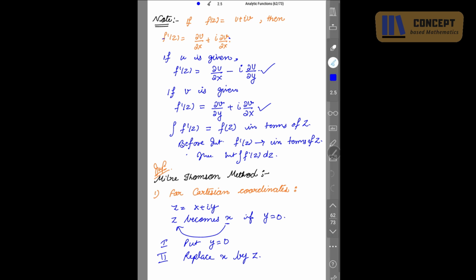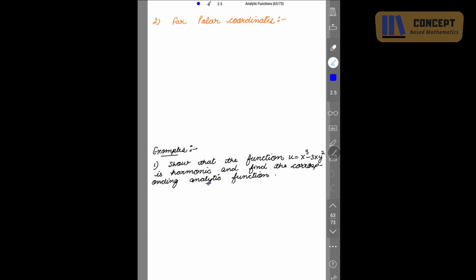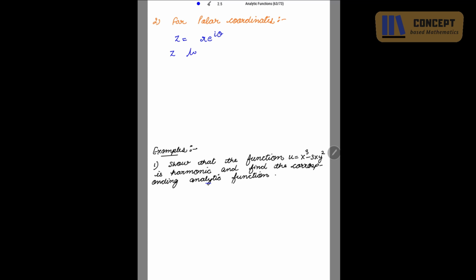Next one, in terms of polar coordinates, if z is equal to r e to the power iota theta, then z becomes r if theta is 0.